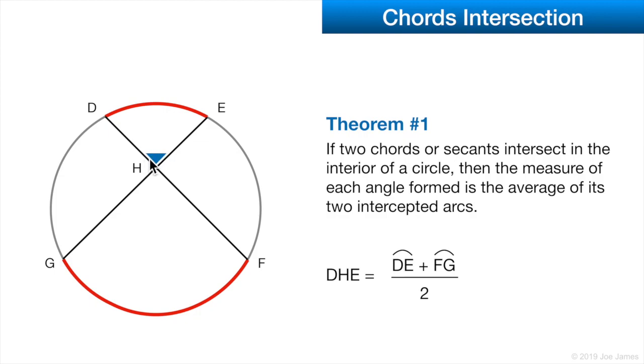So first we know that this angle is going to be equal to this angle. These two angles are both going to be the same. But this blue angle here, DHE, is equal to the average of this arc and this arc. So we can add those two arcs together, divide by 2, and that will give us the measure of DHE.